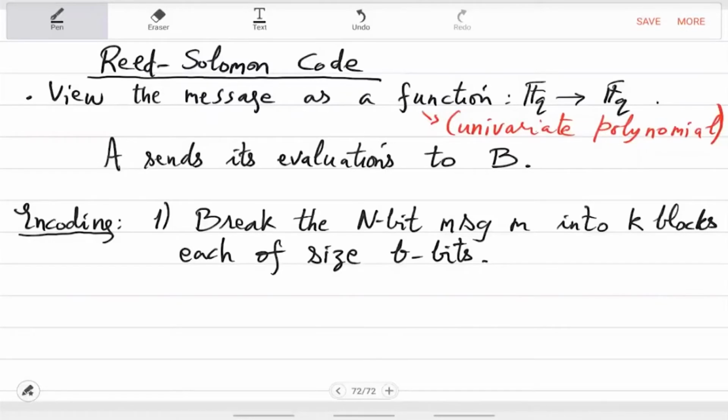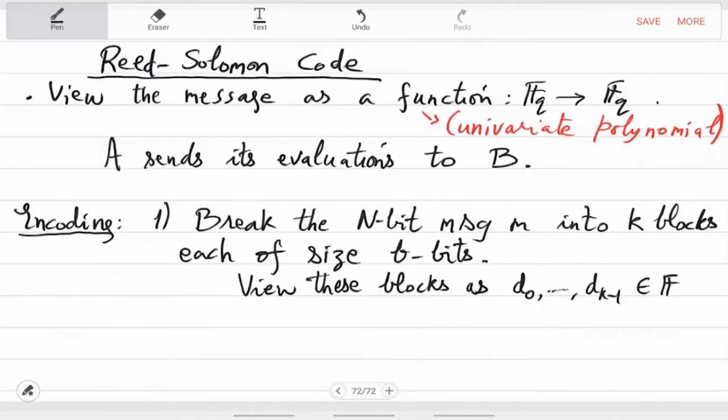and they are k many. So you can build a k minus 1 degree polynomial. So that function is the message. As elements d0 dot dot dk minus 1 in the finite field of size 2 raised to b.